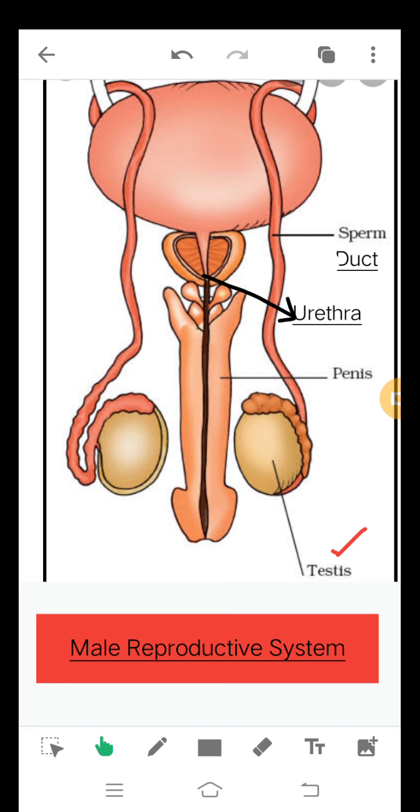So these are the different parts of the male reproductive system and their role. Once again, the important role of testes is to produce the male gamete, that is the sperm. The role of the sperm duct is to carry the sperms further. The urethra also carries the sperms and then removes them out through the urinary opening.